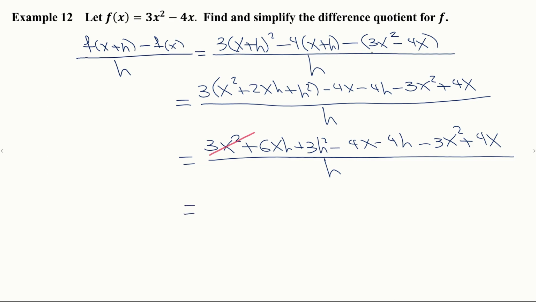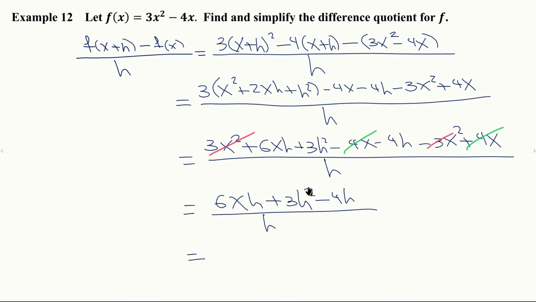The 3x squared here cancels that negative 3x squared, and the negative 4x and 4x cancel out as well. So we're left with 6xh plus 3h squared minus 4h all over h.